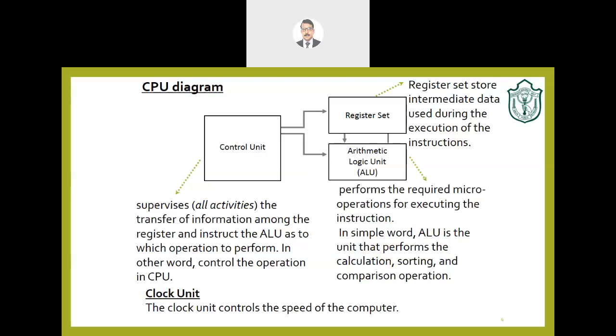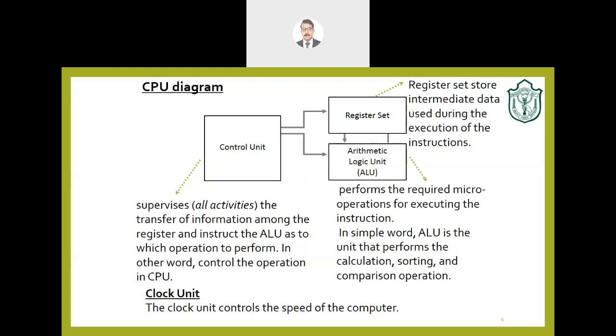Register set. The register set stores intermediate data used during the execution of the instruction. The arithmetic logic unit, also known as ALU, performs the required micro operations for executing the instructions.